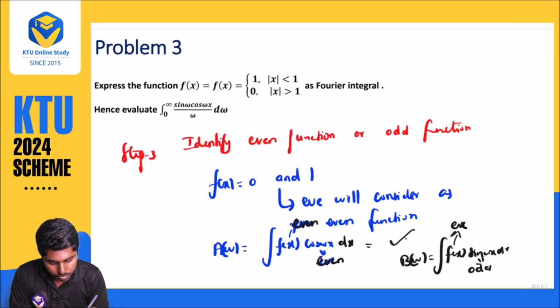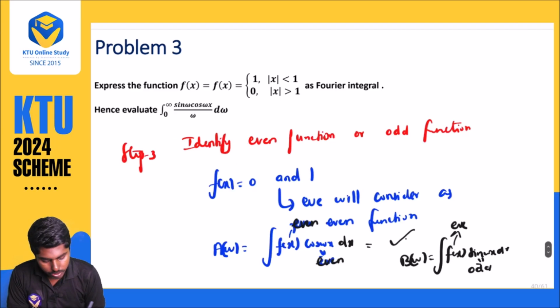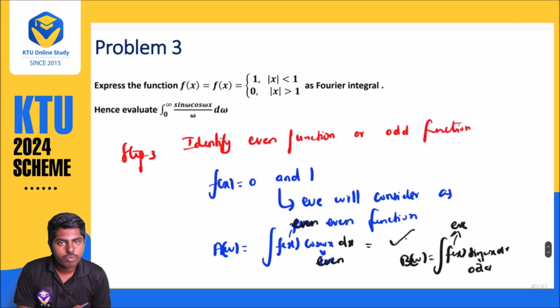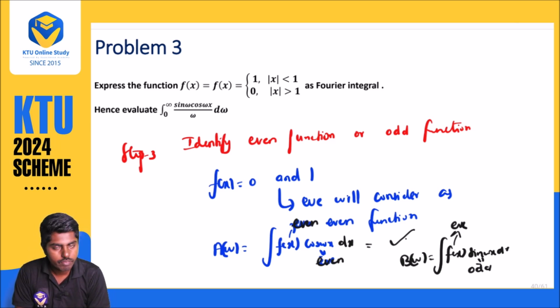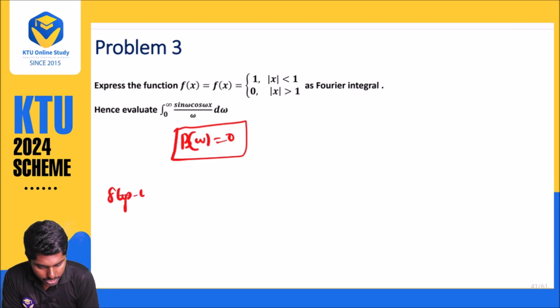So automatically we can say b omega is equal to 0. The reason is that even function into odd function gives an odd function only, and odd function means that value will become 0. So directly we are writing b omega is equal to 0. And we want to identify the a omega. So now step number 4 is identifying the limits.